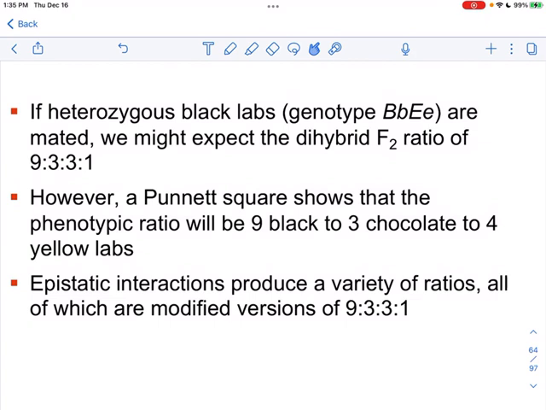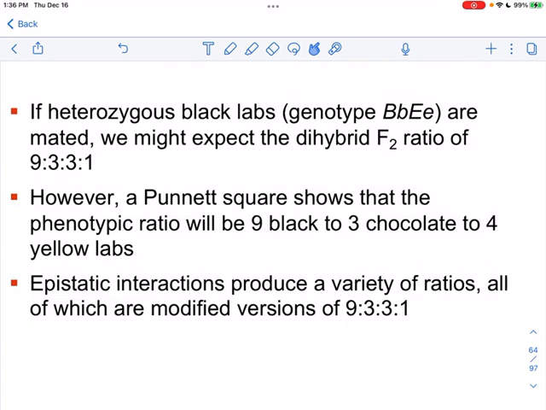But if we actually take a look at what really happens with a cross of that nature, we end up with 9 black retrievers, 3 chocolate retrievers, and 4 yellow Labrador retrievers.